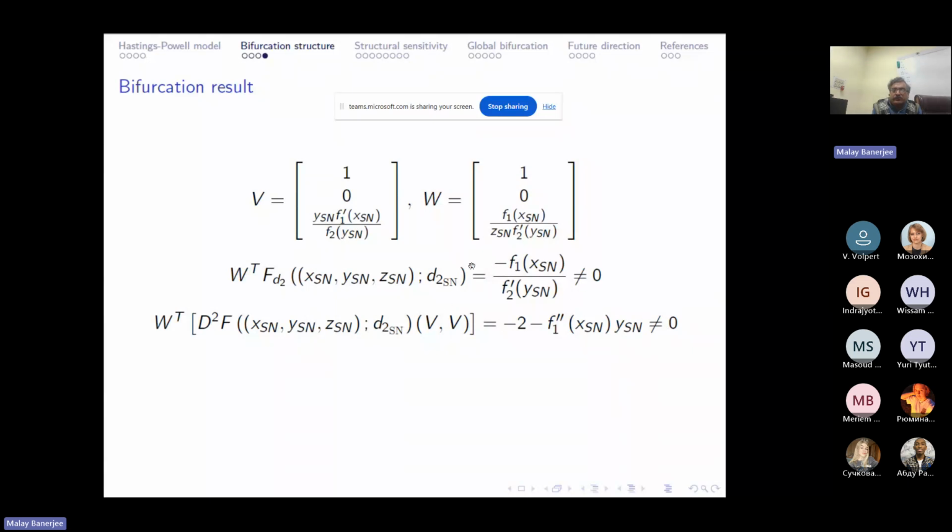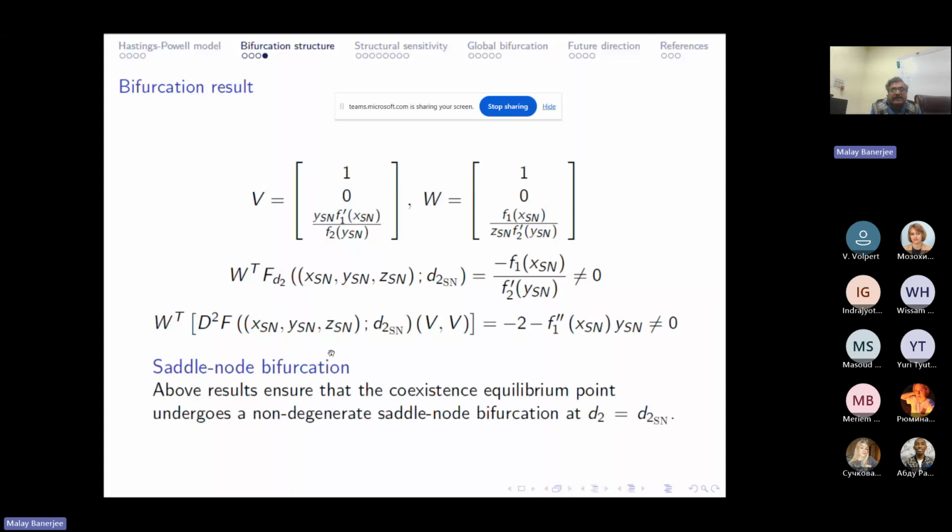Anyone interested in the details of this condition can look at the book by Perko. It is actually Sotomayor's theorem, which ensures that lambda equal to 0 for the Jacobian matrix evaluated at a particular threshold indicates a saddle node bifurcation, and of course it is non-degenerate. The conclusion is that the coexistence equilibrium point undergoes a non-degenerate saddle node bifurcation at D2 equal to D2 Sn.